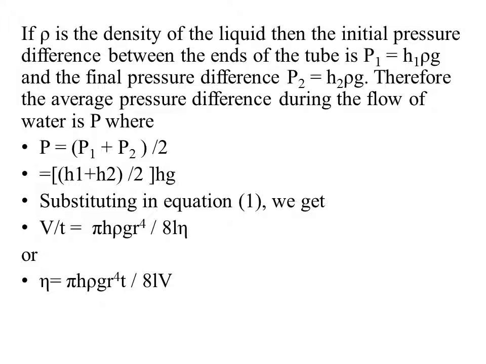So eta is equal to pi H rho g R power 4 T by 8 L V, where pi is a constant, H is the height of the liquid column, rho is the density, g is the acceleration due to gravity, R is the radius of the tube, T is the time taken to travel that distance, L is the length of the tube, and V is the volume of the liquid flowing through it. So by knowing all these factors, you can determine eta, that is the coefficient of viscosity.